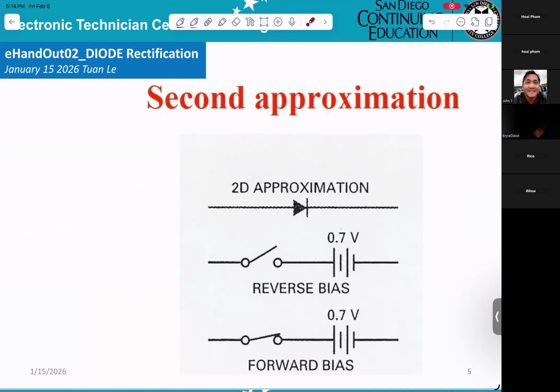Second approximation. This is the diode.